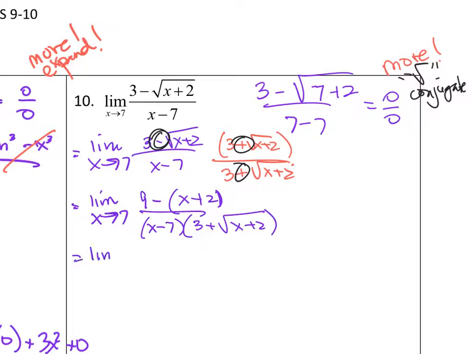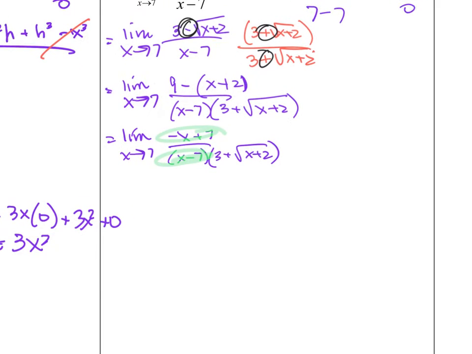When we simplify the numerator, we get a negative x plus 7 over an x minus 7 times 3 plus the square root of x plus 2. What I can do is change the signs so that that one and this in the numerator can be canceled out. I'm going to go ahead and write this additional step just so you can see it.